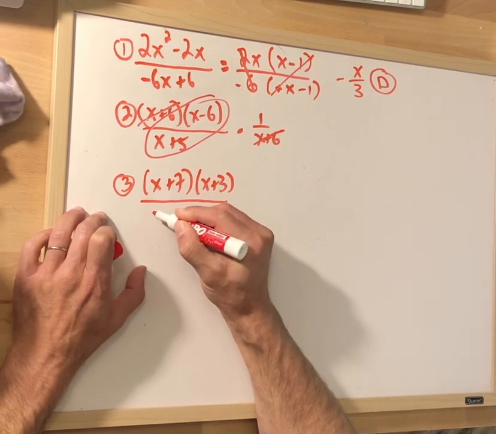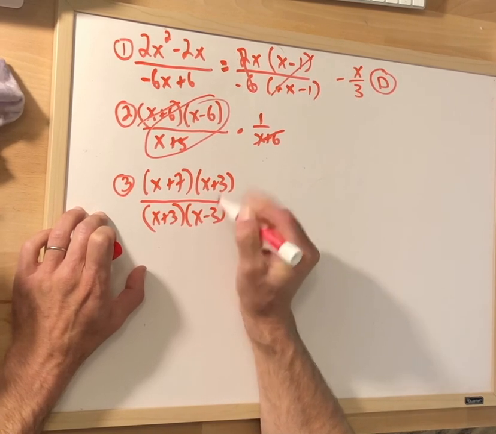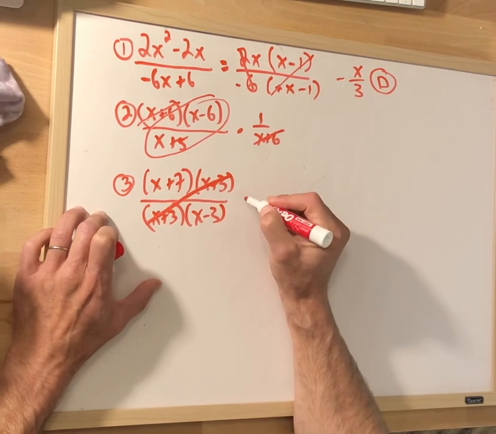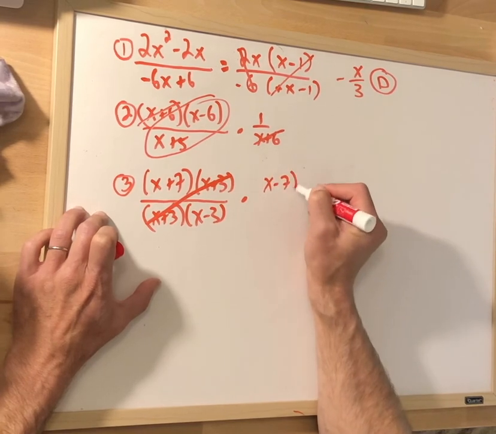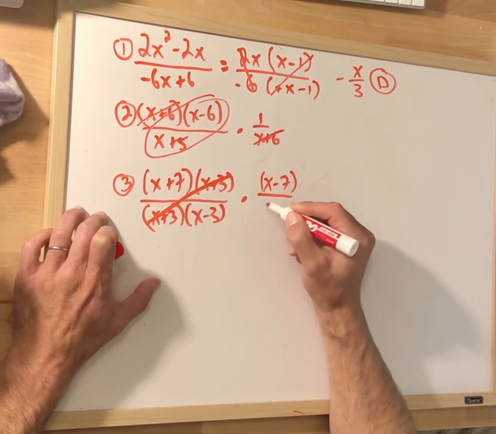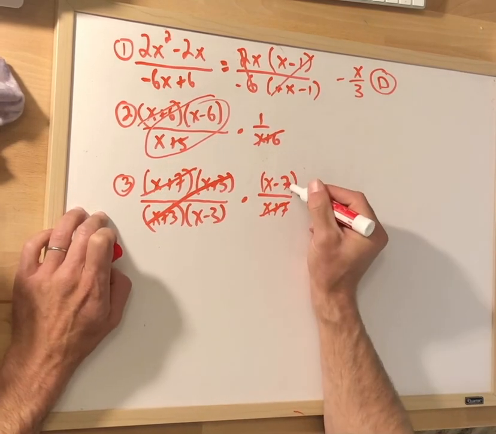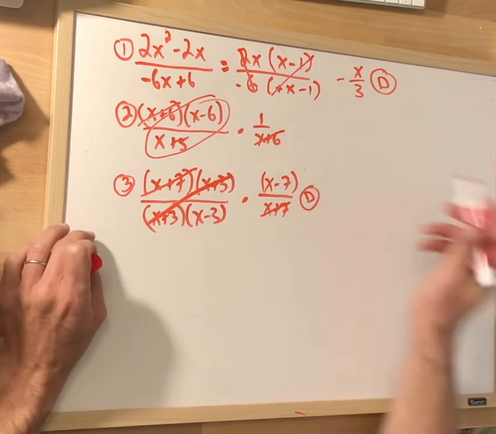Oh, and this is the difference of squares, x plus 3, x minus 3. These are already canceled out. And this is top divided by, which I'm going to flip to get x minus 7 over x plus 7. These cancel out to give you x minus 7 over x minus 3, which is letter choice D.